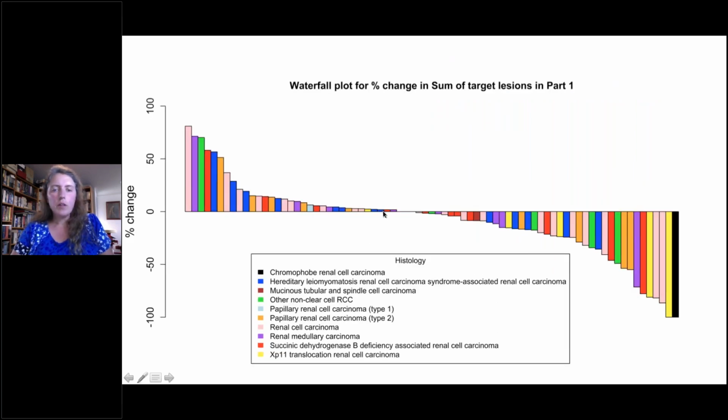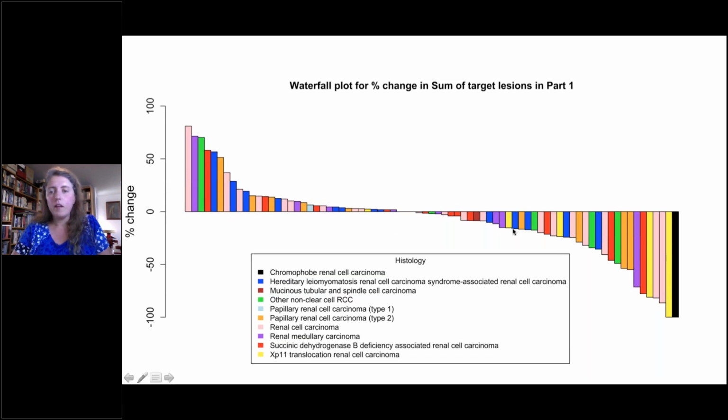An additional plot that may be of interest in some instances is this plot called a waterfall plot. Now in this particular example, we're looking at the change in tumour size. So we have tumours that are actually getting bigger compared to baseline on the left-hand side.